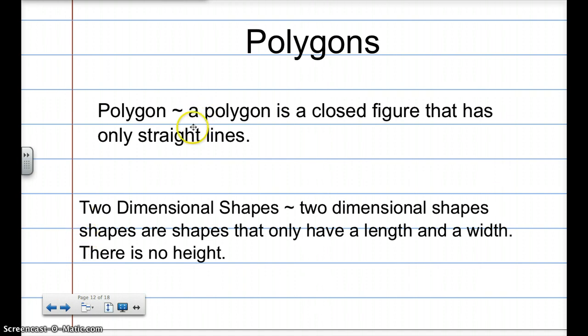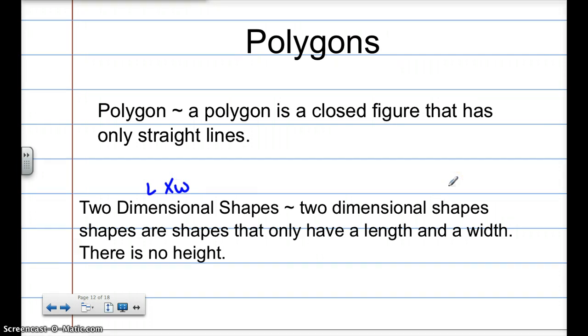Polygons. A polygon is a closed figure that has only straight lines. So, two-dimensional shapes are shapes that only have a length and a width. So, their dimensions are only two, a length and a width. That's why it's called two-dimensional, length and width. You can multiply the length and the width, but it has a length and a width.